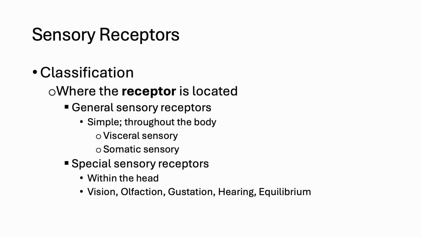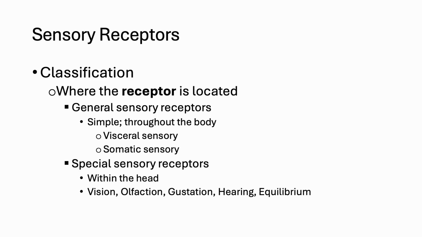Now, when we think about what kinds of information is being collected, it depends on whether it's viscera or somatic. Somatic receptors include our tactile receptors, which we'll talk about in a minute, that are found throughout our skin. Remember, we talked about our integumentary system and different tactile receptors that detect light touch or coarse touch or light or deep pressure.